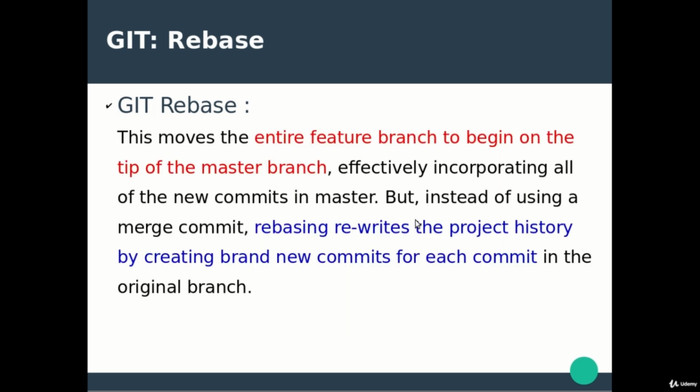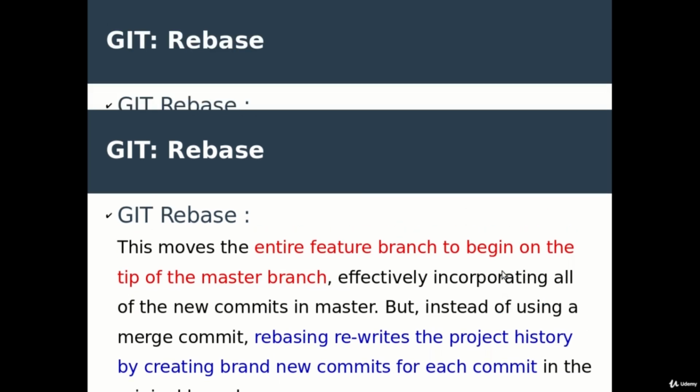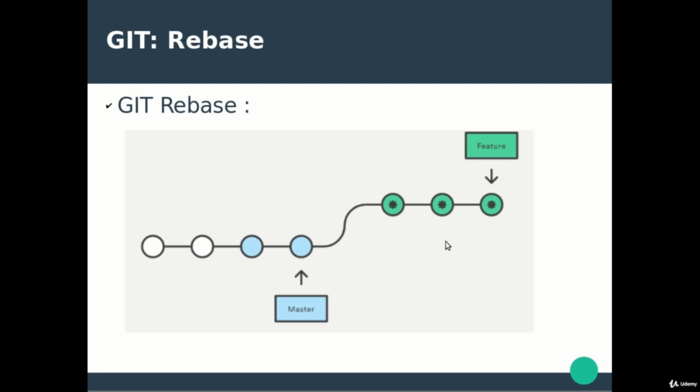The statement we learned about: rebasing rewrites the project history by creating brand new commits for each commit. So when you're rebasing, Git is creating new commits for your code and attaching all your code on the tip of the master branch, so that you can keep a very clear history of your project.